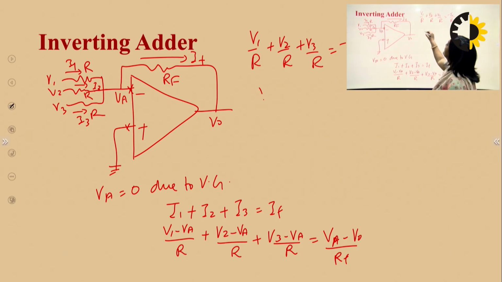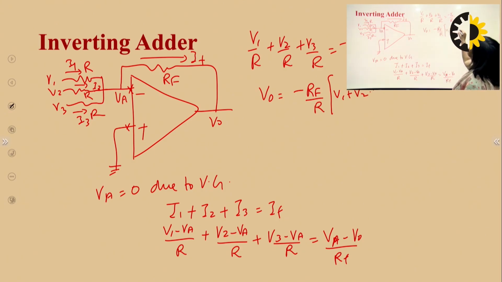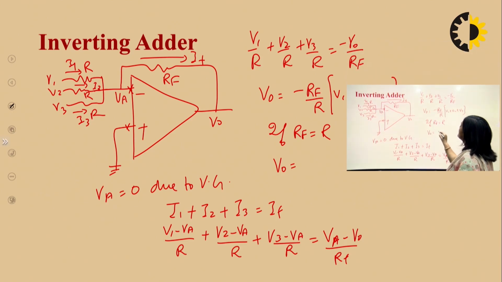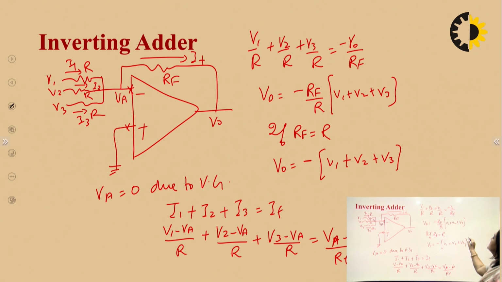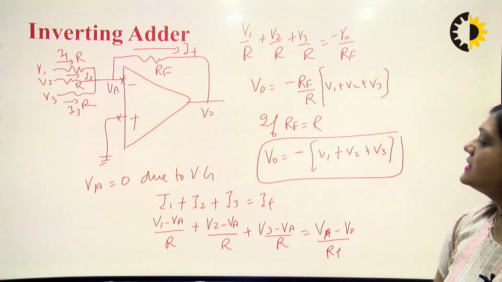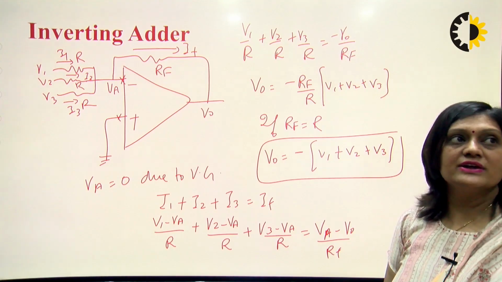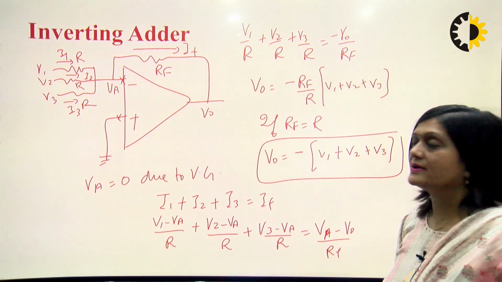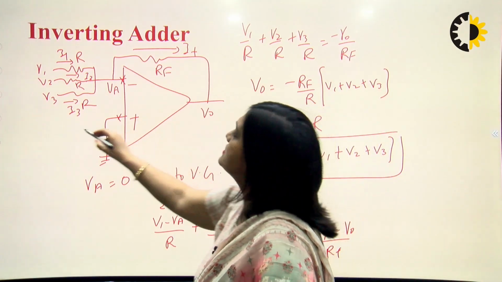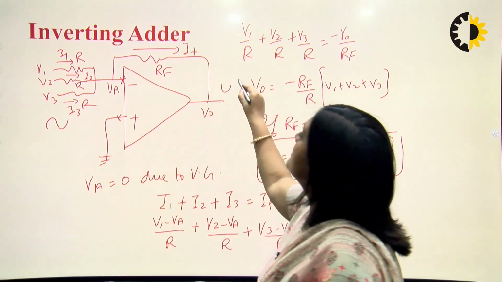So V0 is equal to minus RF upon R times V1 plus V2 plus V3. If RF is equal to R, then V0 would be equal to minus of V1 plus V2 plus V3. So this is how it acts as an adder, the inverting adder. It provides the sum of V1 plus V2 plus V3, but the negative sign indicates that the output will have a 180-degree phase shift.